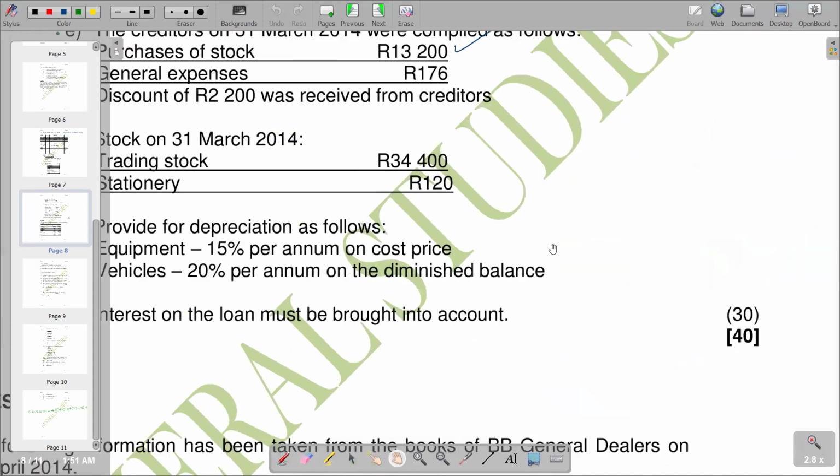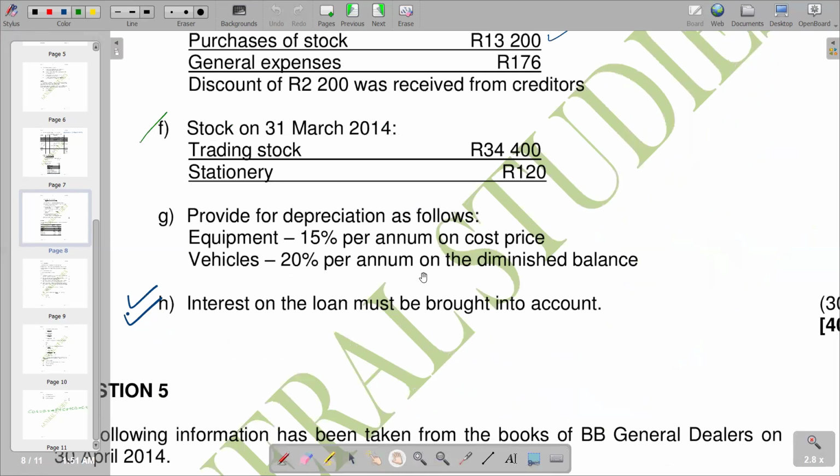So on cost, calculating using our cost is going to be 15%. So we just calculate by saying percentage of cost, and that is the cost price method.